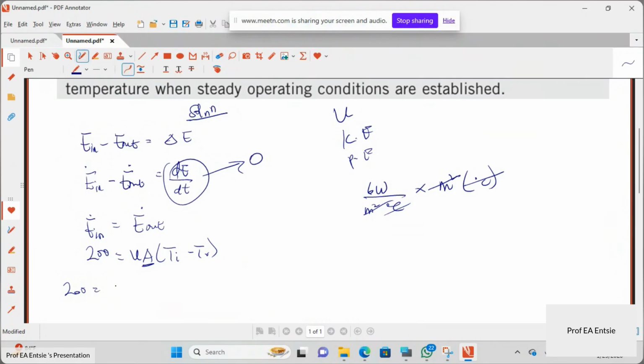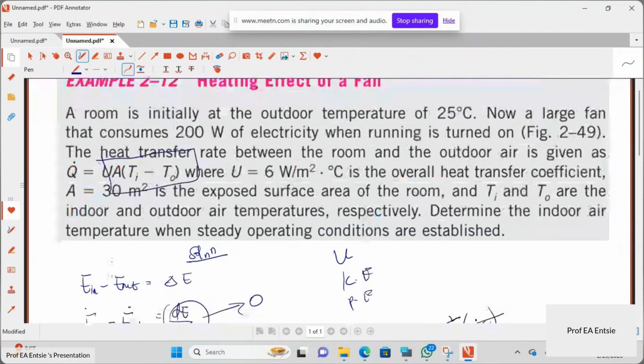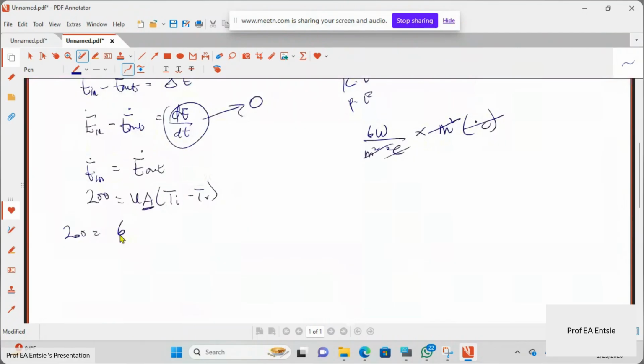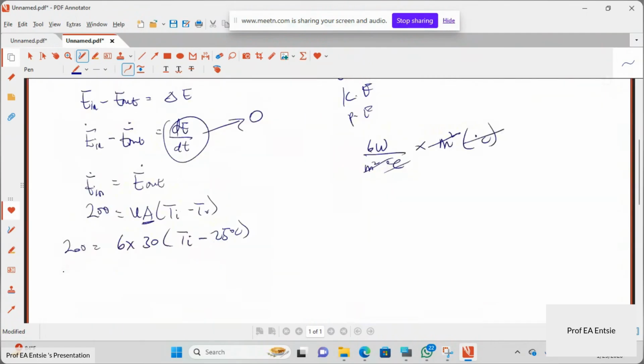So now let's solve this. The heat transfer coefficient was given as 6. So 6 times the area, which is 30 meters squared, times Ti, which is what I'm looking for, the indoor temperature, minus the outdoor temperature, which is 25 degrees Celsius. So if I have 200 equals 180 times (Ti minus 25), this is no more thermodynamics.